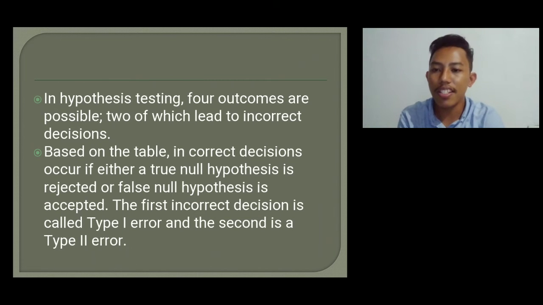In hypothesis testing, four outcomes are possible, two of which lead to incorrect decisions. Based on the table, incorrect decisions occur if either a true null hypothesis is rejected or a false null hypothesis is accepted. The first incorrect decision is called type 1 error and the second is a type 2 error.